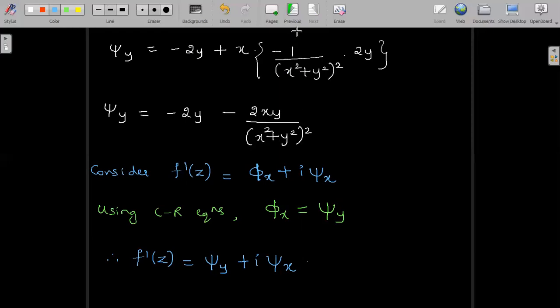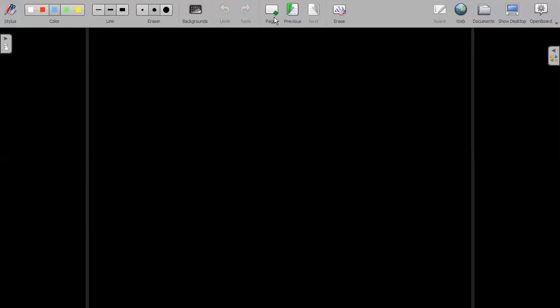We need to substitute both of them to obtain f dash of z. So substituting, f dash of z is equal to psi y plus i into psi x. First I will substitute psi y, which is minus 2y minus 2 into x into y divided by x square plus y square the whole square.